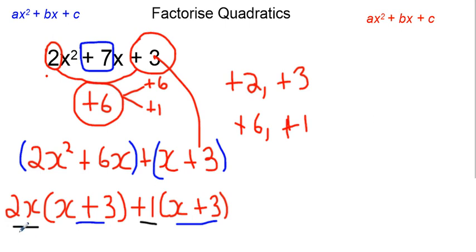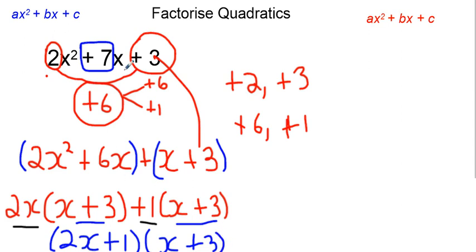So we're going to have 2x plus 1 in one bracket, and then we will choose one of these, x plus 3.